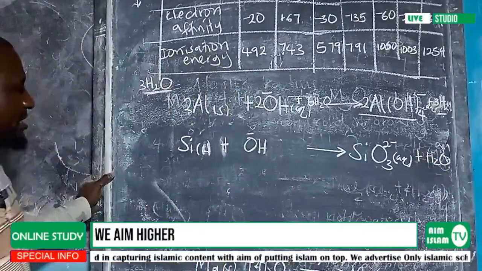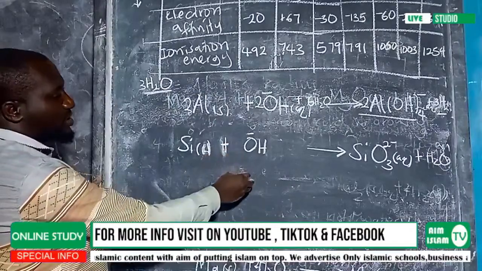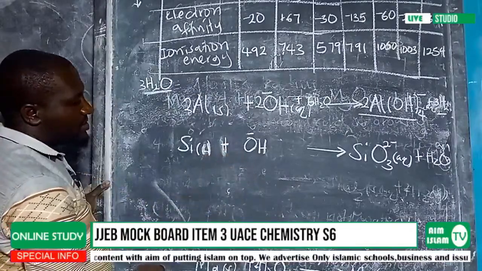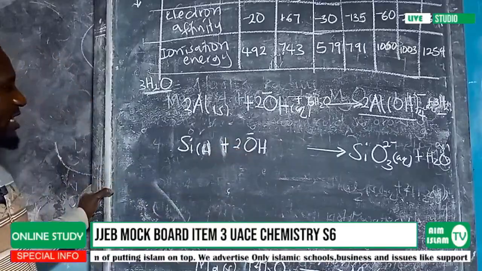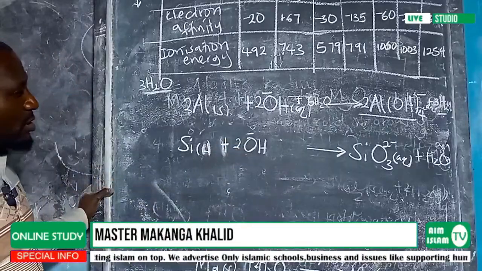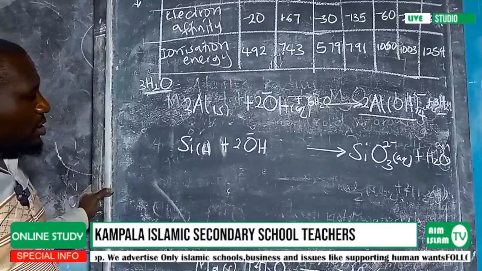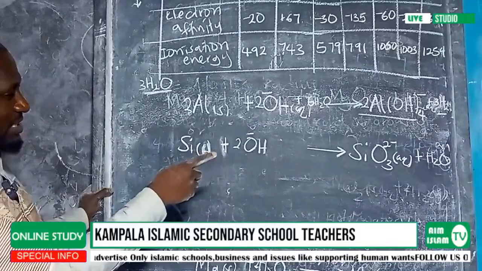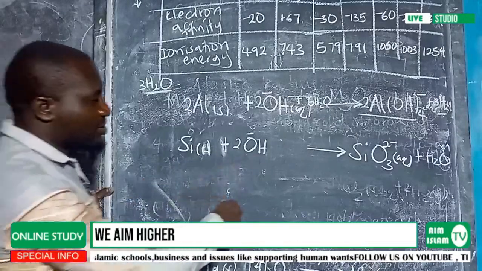You need to balance. How do you balance this one? Let us balance this and we'll see. This was multiplied by 2, then multiply it by 2. Water is on that side or this side? You have plus hydrogen gas.